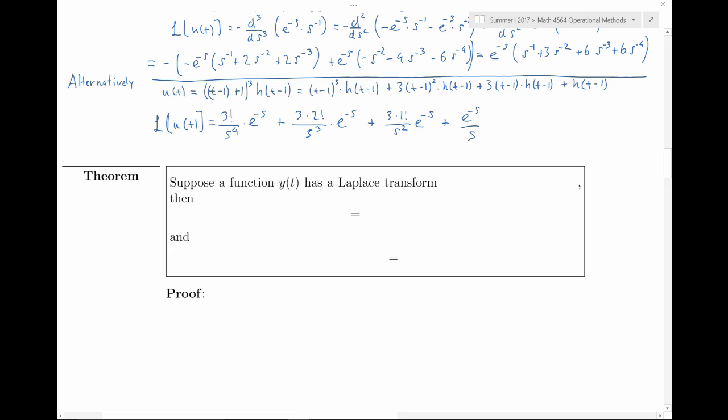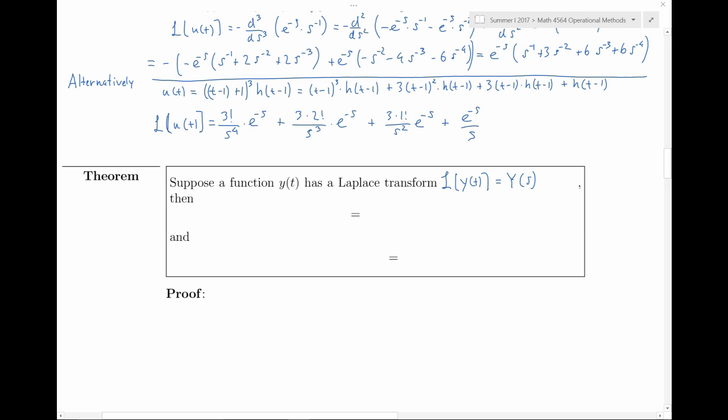Just as before, we're going to assume that a function that we have, in this case it's y of t, has a Laplace transform, and we're going to call it capital Y of s.